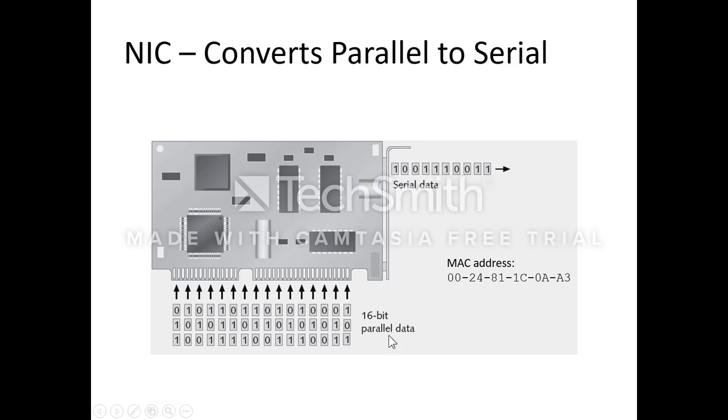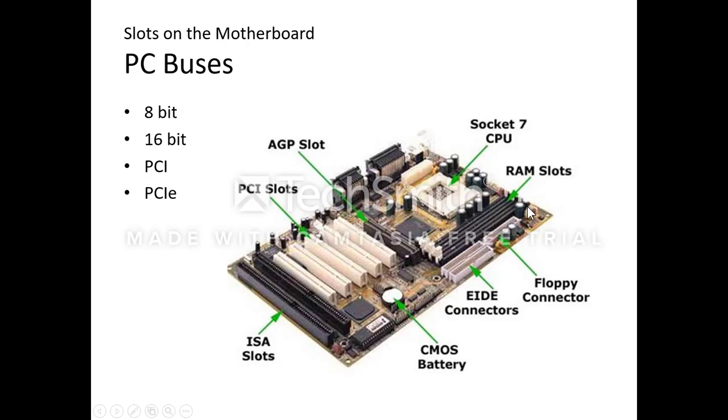But with a parallel signal, multiple bits are sent at the same time: 8-bit or 16-bit or 32-bit parallel. The inside of a computer operates in parallel, but communication between computers is serial communication, and thus the purpose of the network interface card is to convert the parallel signal inside the computer to a serial signal which can be sent over the wire.